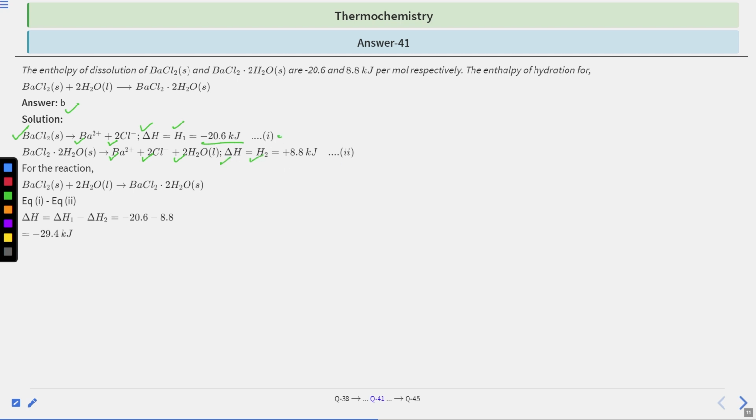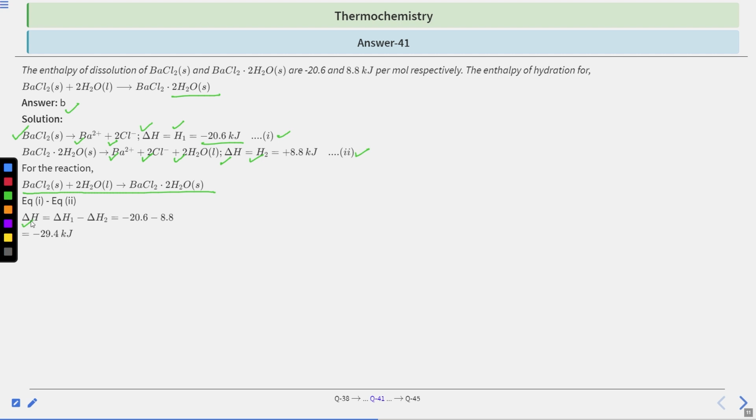We consider the first reaction as first and the second as second. And for the reaction given in the question, we have to find the enthalpy of hydration. So for BaCl2 plus 2H2O giving BaCl2.2H2O, we have to subtract the second equation from the first, right? The first minus second. If you subtract the second equation from the first, you get the equation given in the question, and the enthalpy will also get subtracted.